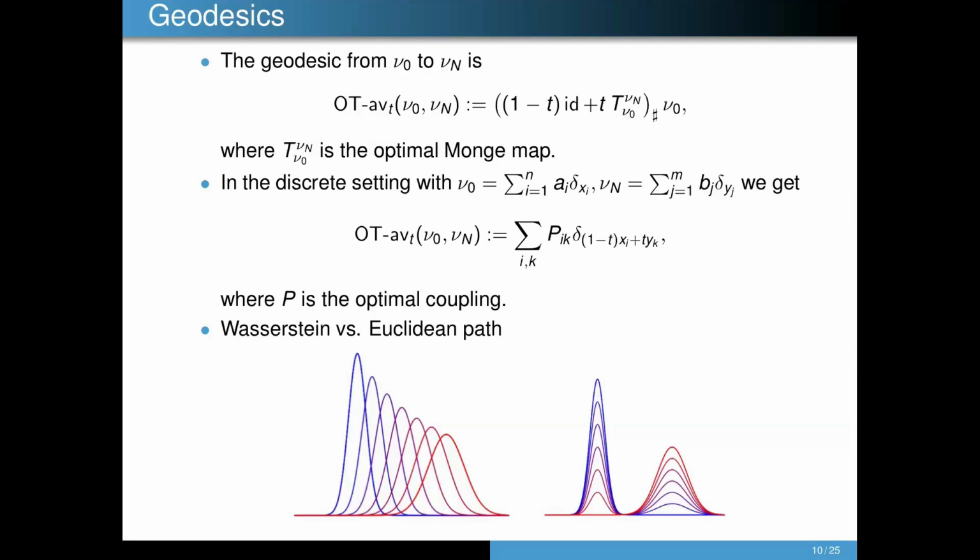And then take all of the straight lines between the locations of the point clouds, but only those which are non-zero are weighted by the coupling. So the delta notation means the Dirac delta, right? So basically it's the straight lines between all locations of the point clouds, but if the p is 0, it doesn't count, right? So we only connect those where there's actually a coupling between the masses.